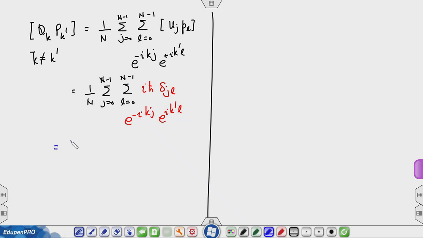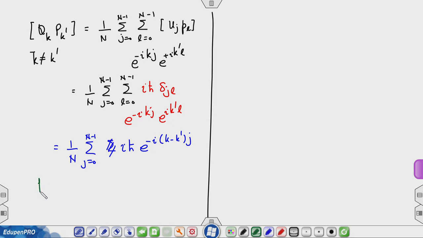So, I can write this as 1 over N summation j equals 0 to N minus 1, and the L sum goes away, i h cross e raised to minus i (k minus k prime) j.